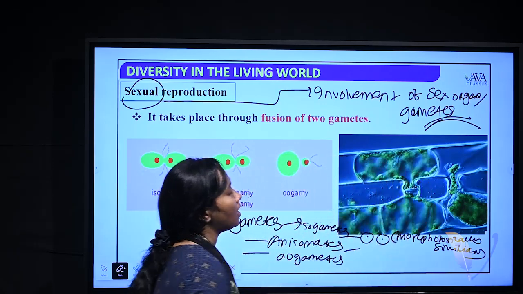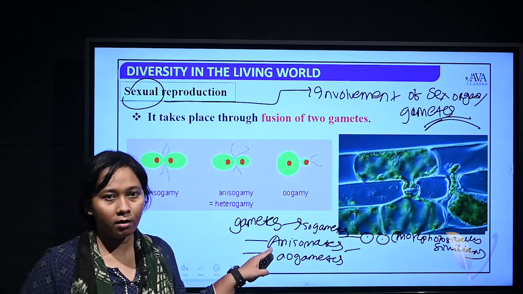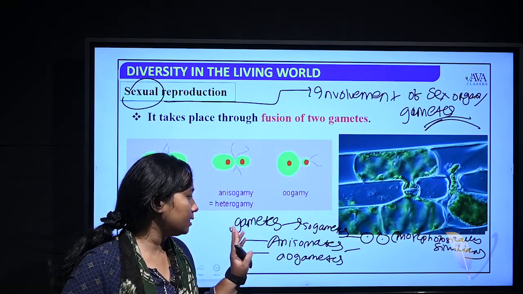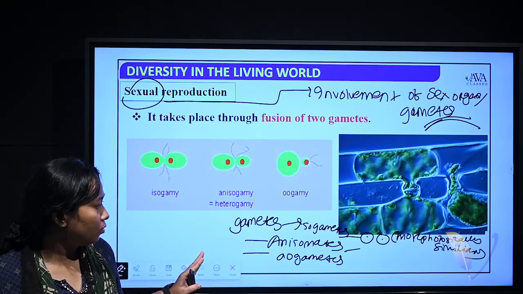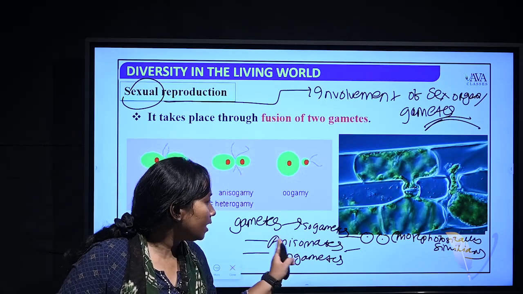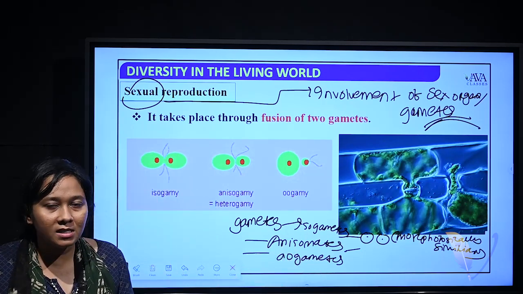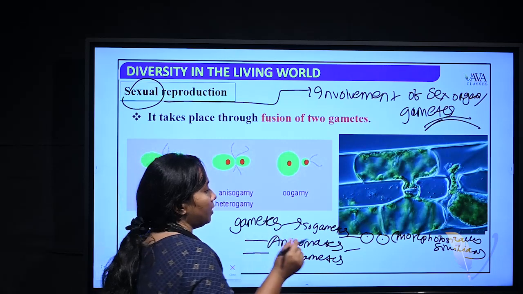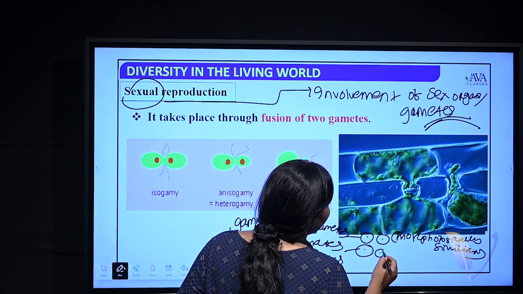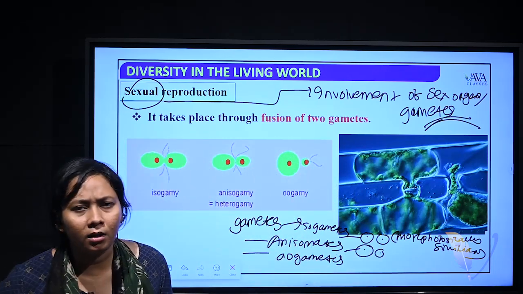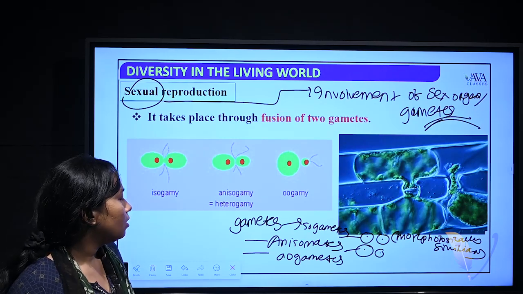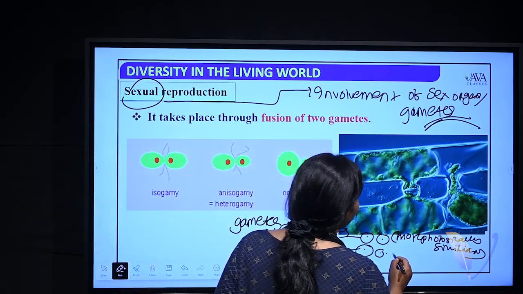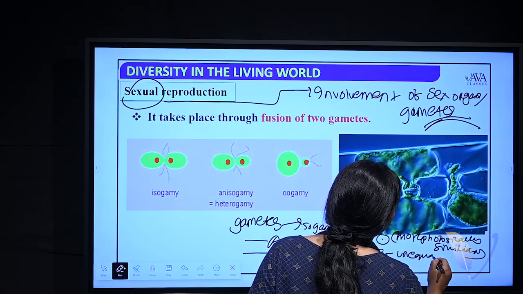But in anisogamous, what happened here? In anisogamous, the gametes are completely unequal. Here the male might be larger or the female might be larger. So the gametes are unequal in size.